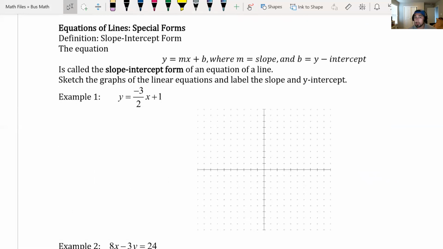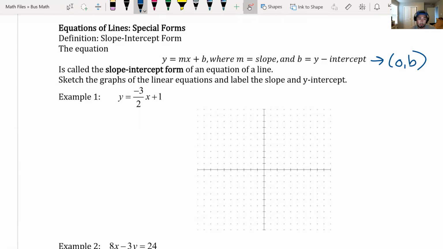All right. So special forms, we have the slope-intercept form, which we all might be used to. You see there, it's y equals mx plus b, where m is the slope and b is your y-intercept, right? b is your y-intercept, so (0, b) would be your y-intercept. Okay.